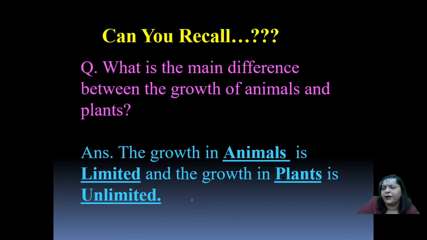That is, if you cut a tree, just think a tree is cut down. After a few days, once it faces favorable conditions, it starts producing small branchlets. Have you ever seen that? Why?